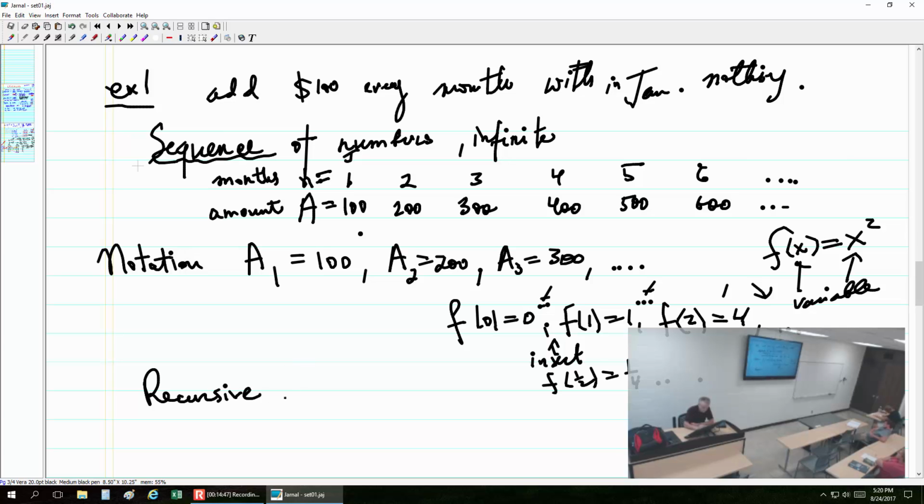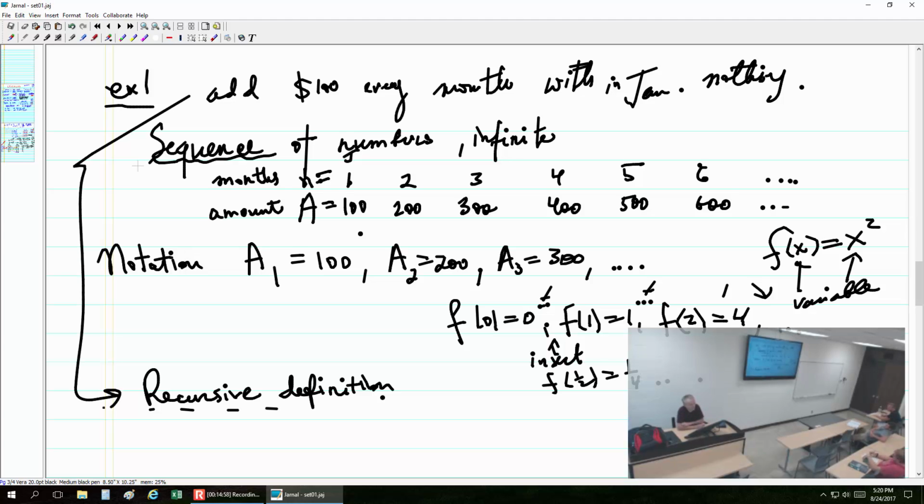The recursive definition of this sequence comes from the original statement: add 100 every month. So this is what we do. We suppose A1 is equal to 100, and then A(N+1) is equal to A(N) plus 100.